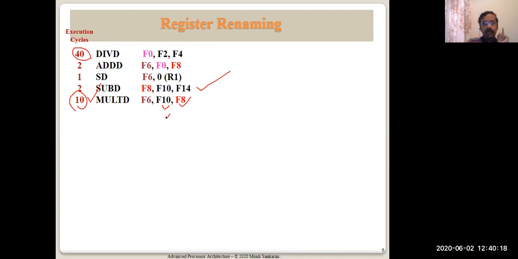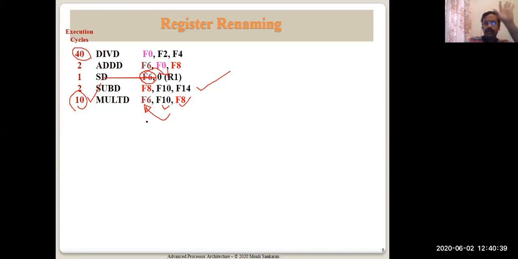But now it wants to write into F6. Now I have a problem again. If I use F6 and this F6 are the same, I have a problem. What is the problem? Until store starts executing and reads the operand F6, I can't write into it.